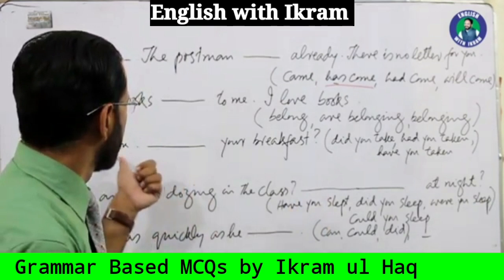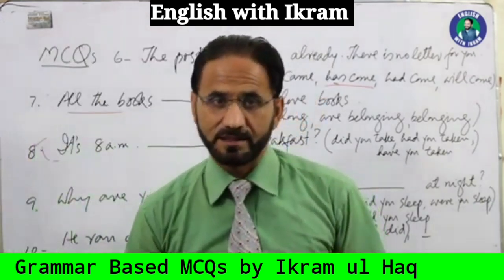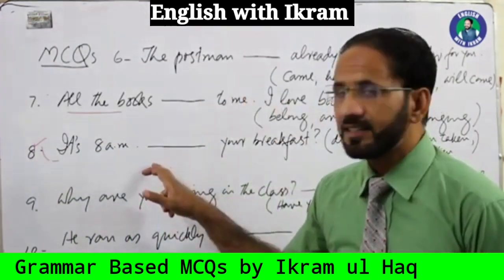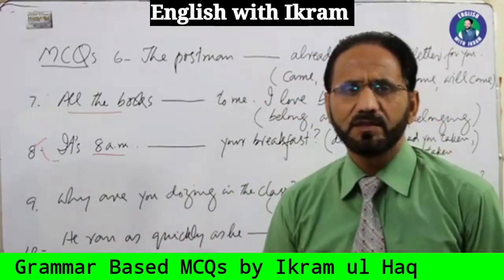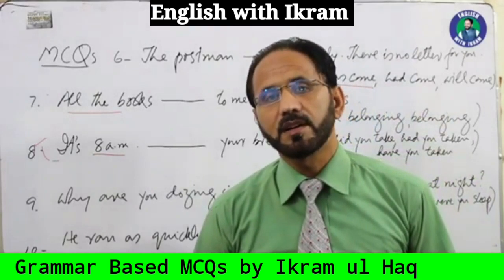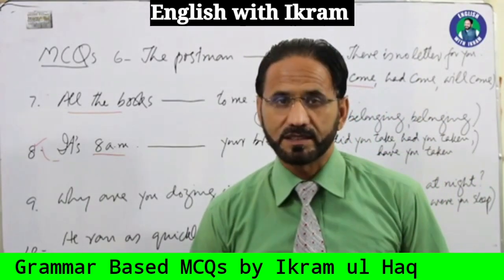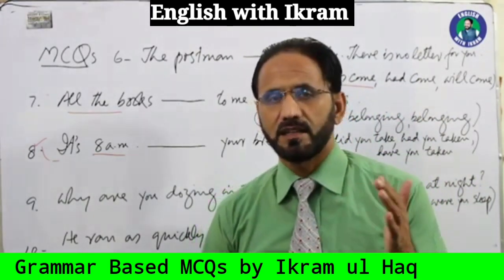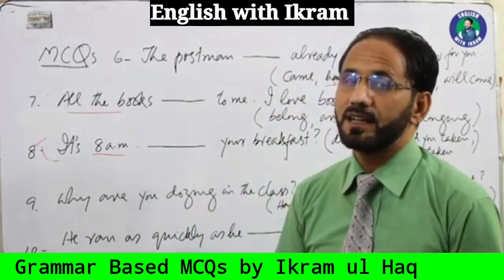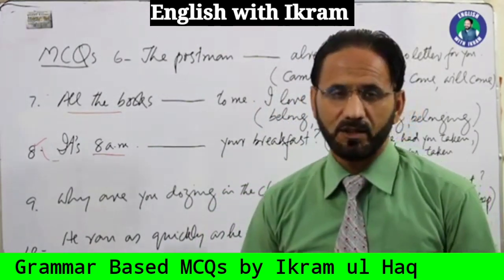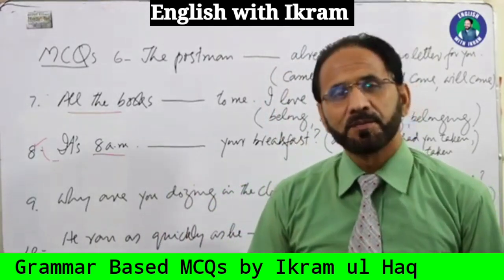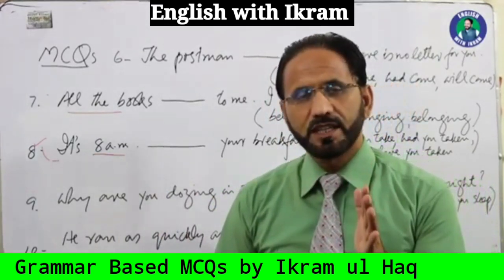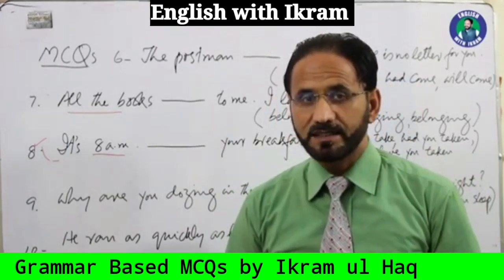What do you think? Now again look at the sense of the sentence. The time is 8 a.m., obviously the time of the morning. You're asking somebody about taking breakfast. In the morning at 7-8 o'clock you ask someone, did you have breakfast? I am deliberately saying this in Urdu so that I don't give you a hint in English.